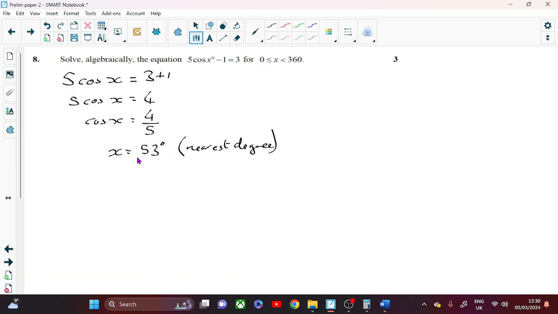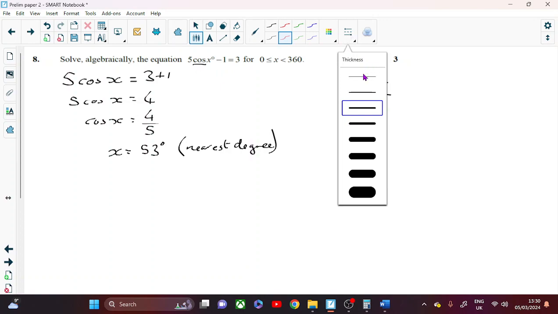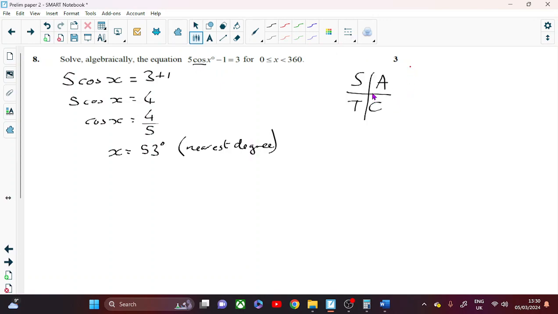Well, that's given us a value between 0 and 90. The next time that we get a 53, if you use CAST, because we're dealing with cos, we're going to have 53 is like there, so we're looking at here.